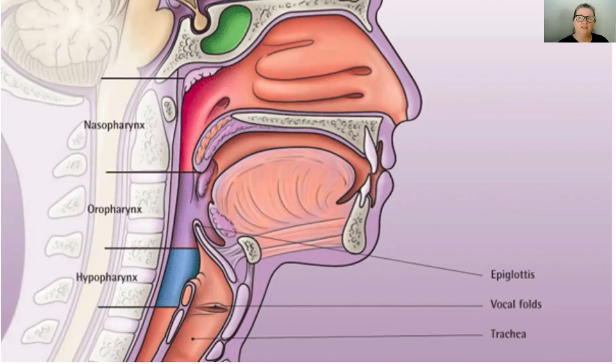And we don't want liquids or solids going into the lungs. They don't belong there. They should be going down the esophagus to the stomach, which the esophagus is right here. And that is why that little flap is there, to keep that from happening and to kind of help direct the food and liquid where it needs to go.